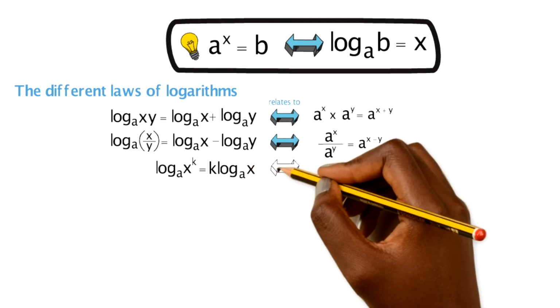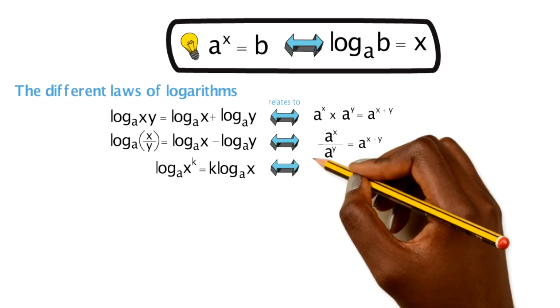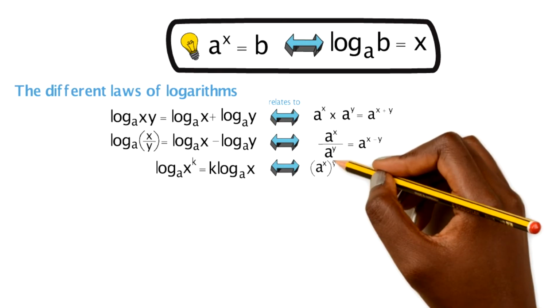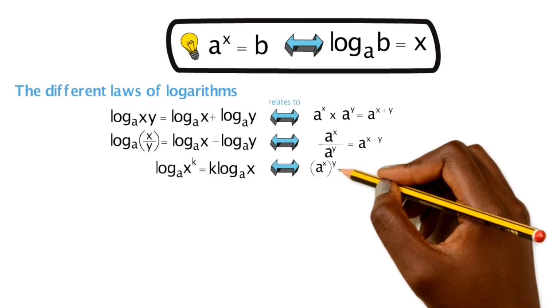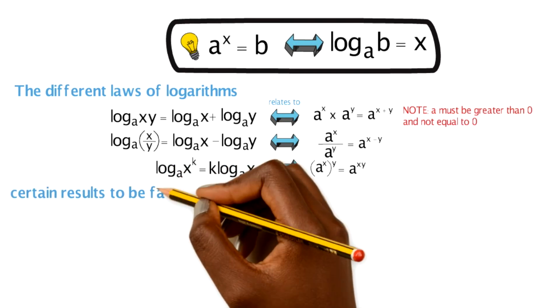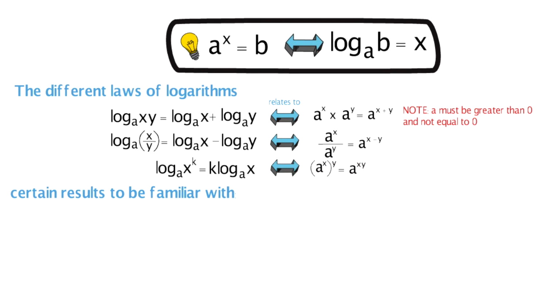And again, in terms of indices laws, this relates to a to the power of x, all of that to the power of y, and that's equal to a to the power of x times y. So it's important to note that all these laws are useful when a is greater than 0 but not equal to 1. So other results to familiarize yourself with, just to save time in an exam.